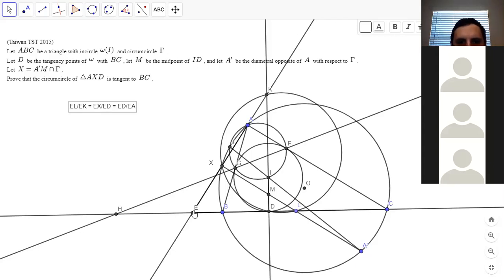No, because ES over ED equal to ED over EA is what implies E is the midpoint of HD, so we can't use that right now. Okay.